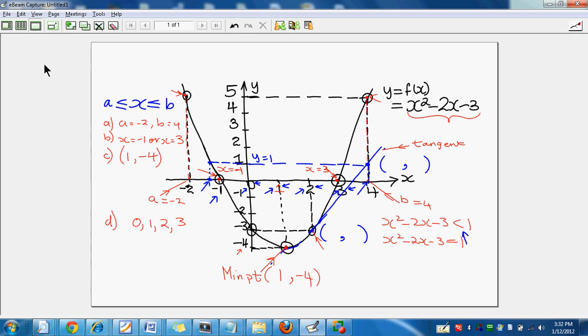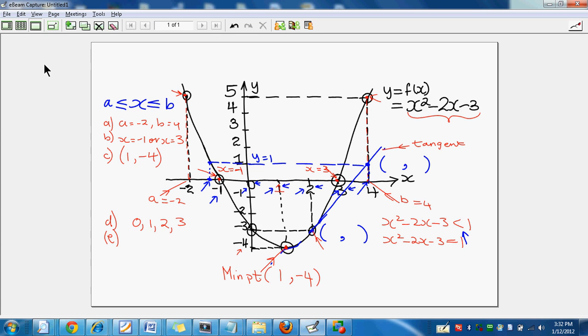Those are the whole number values, right? Because you're looking for the numbers in between these two extreme positions that we noted. We cannot include minus 1 because minus 1 is not a whole number, it's an integer. So we have to leave that out. We could only include these numbers here. So that's the answer for D.